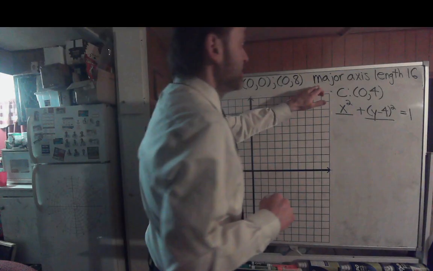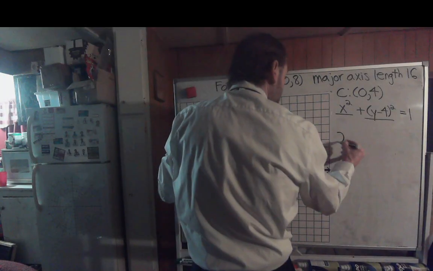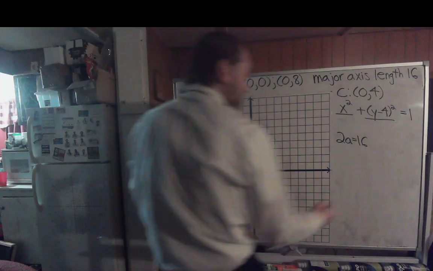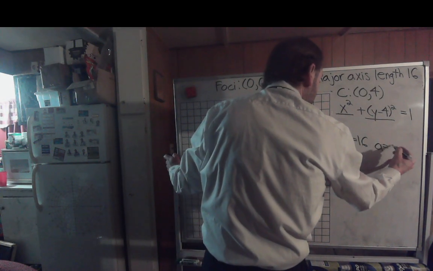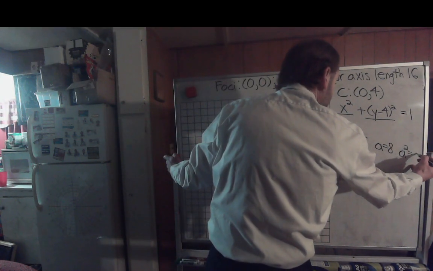Major axis equals 16, which means 2a equals 16, the whole length of the axis. That means a equals 8, so a squared equals 64.